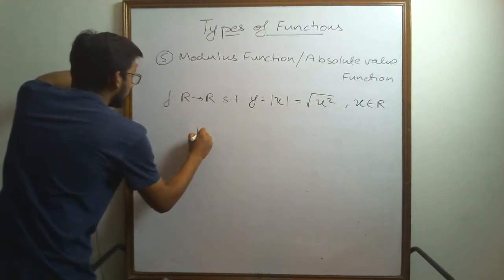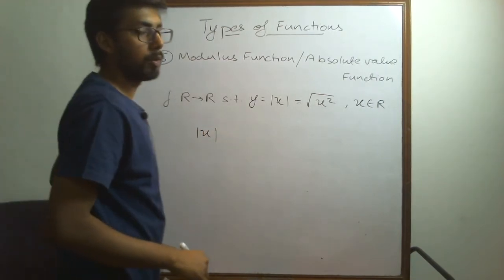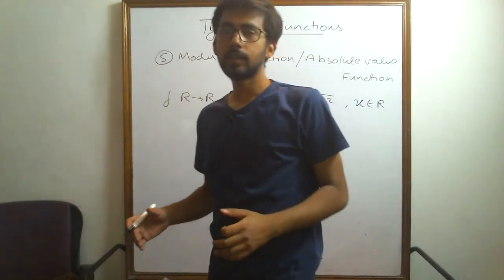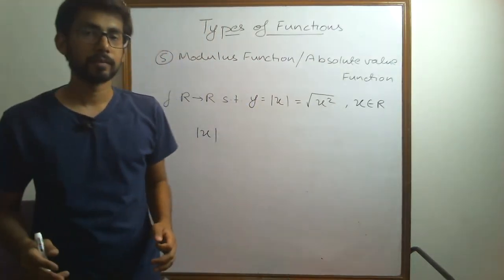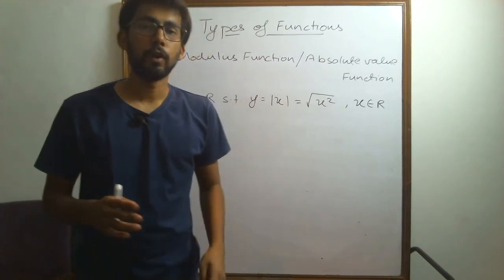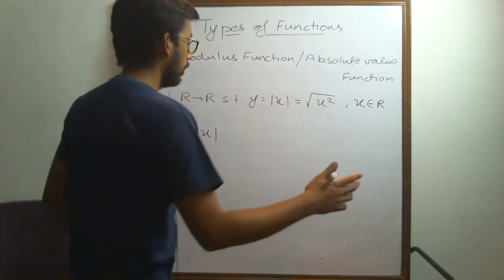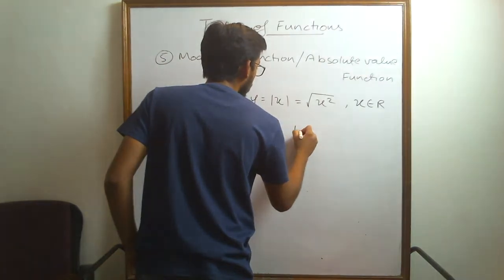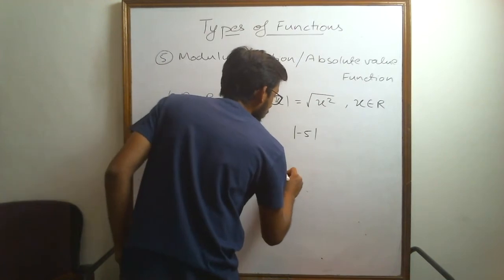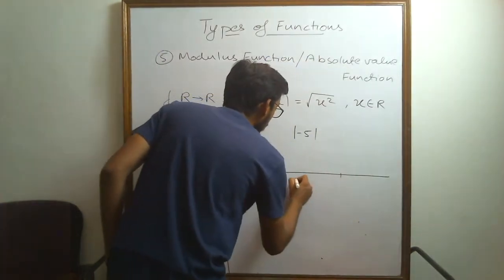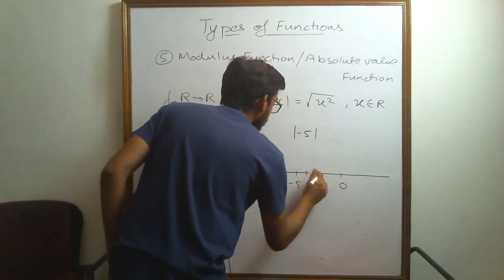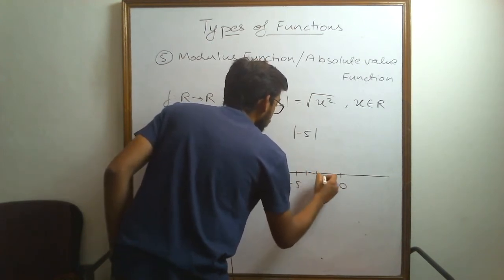Now what does modulus x mean? Modulus x is the modulus function. It means that for a real number x, mod of that number will be the distance of that number from 0 on the number line. For example, say I want to write the modulus of minus 5. Modulus of minus 5 would mean the distance of minus 5 from 0 on the number line.